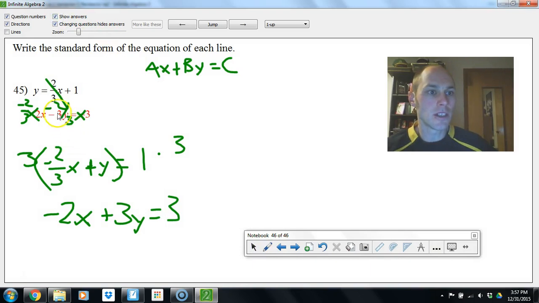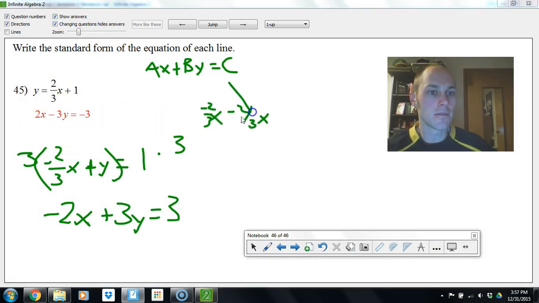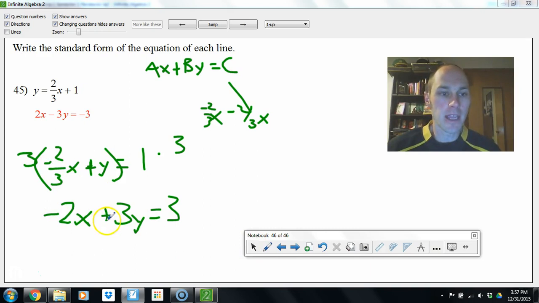So, as I mentioned, our answer key shows it in this one, except why is it negative? Oh, I see why. The other thing that oftentimes when we write equations, we don't want fractions and we don't want negatives at the beginning. So what they did is multiplied everything by a negative as well.